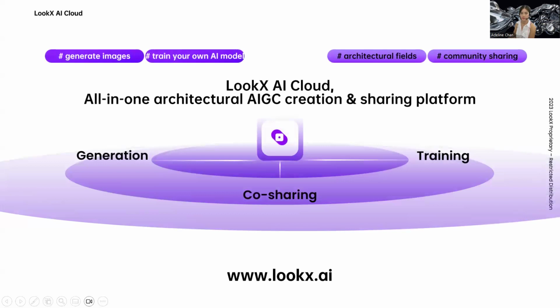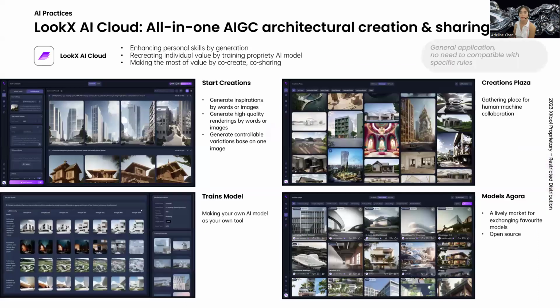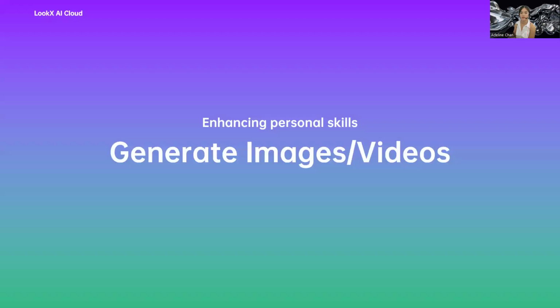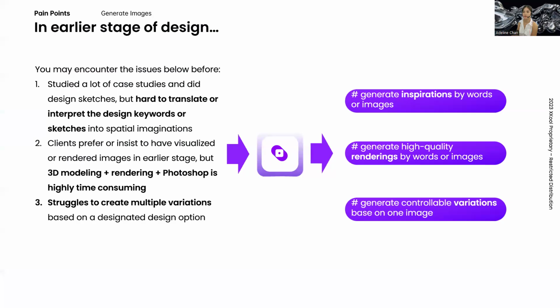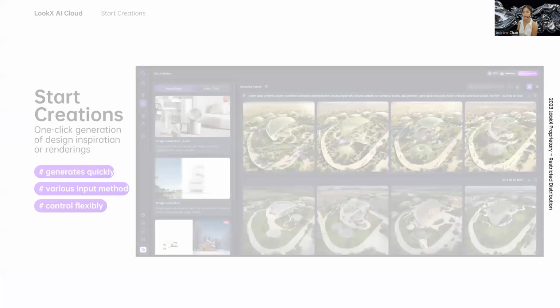In LookX AI Cloud, we call it an all-in-one AIGC platform. They do generation, they do AI model training, and built on top of these two, we have co-sharing platforms. And then some of the interface, I'm going to skip that video.